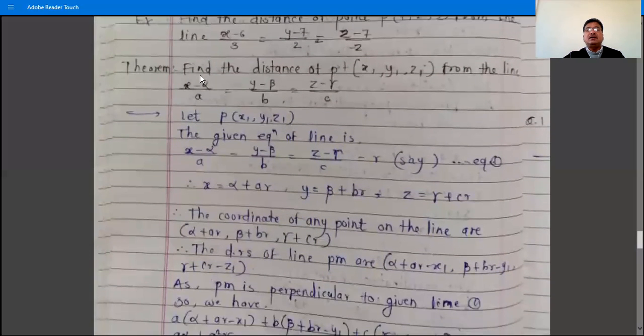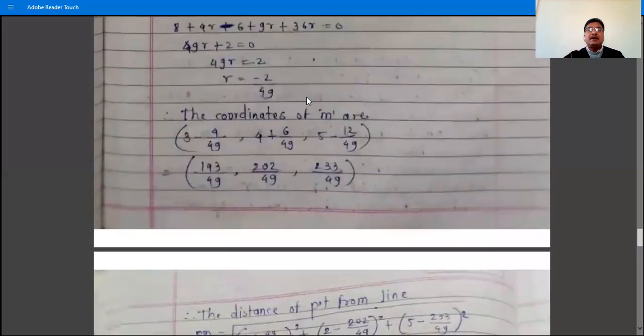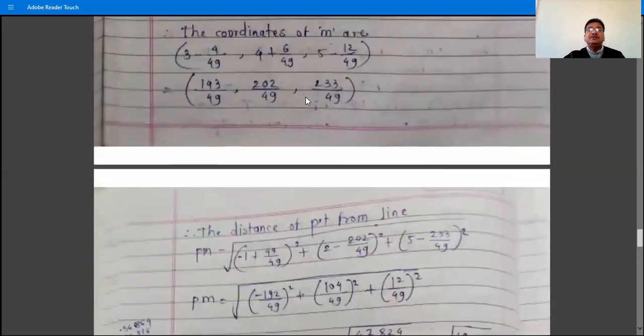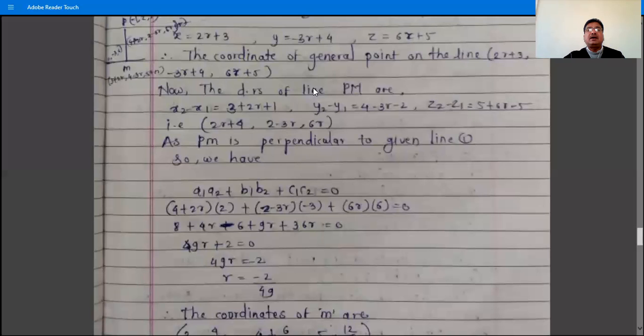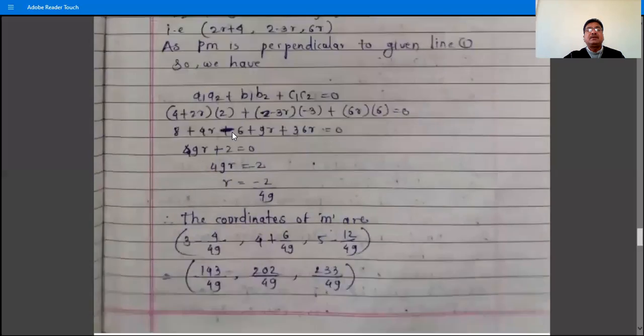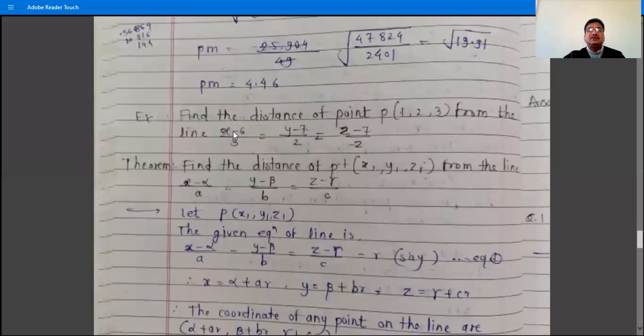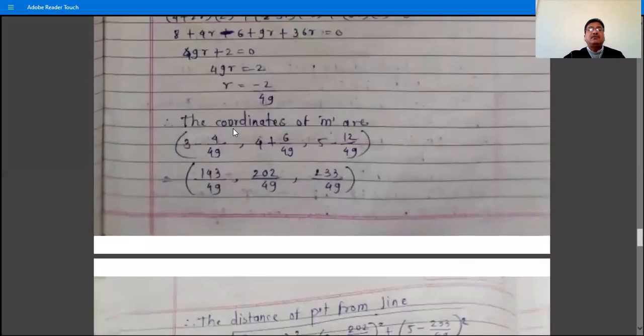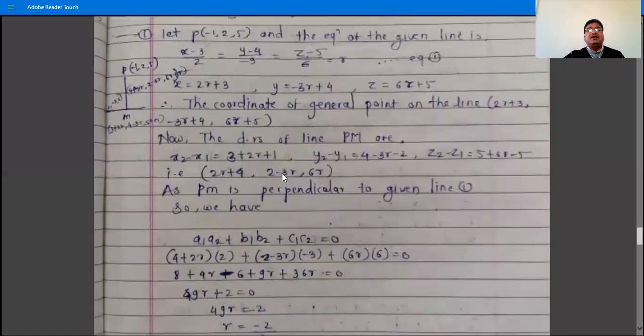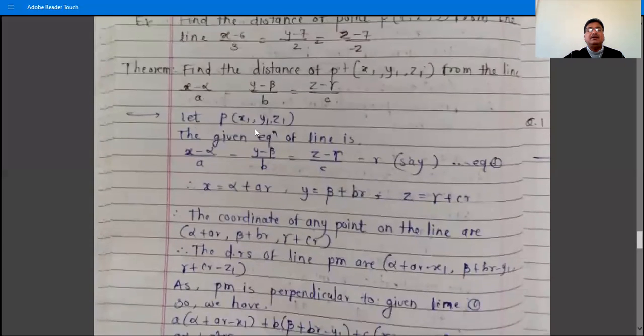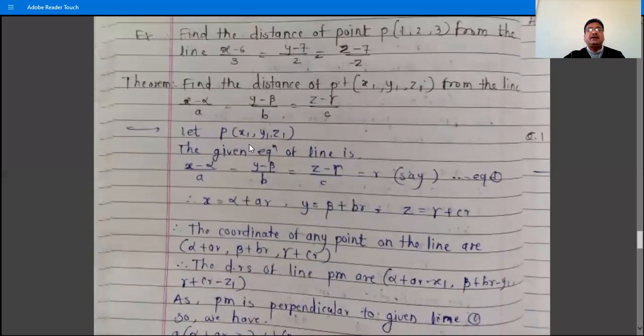Next is the theorem: find the distance of the point (x1, y1, z1) from the line (x minus alpha) by a, (y minus beta) by b, (z minus gamma) by c. The proof of this theorem is the same as the answer of this problem, so follow the same procedure.